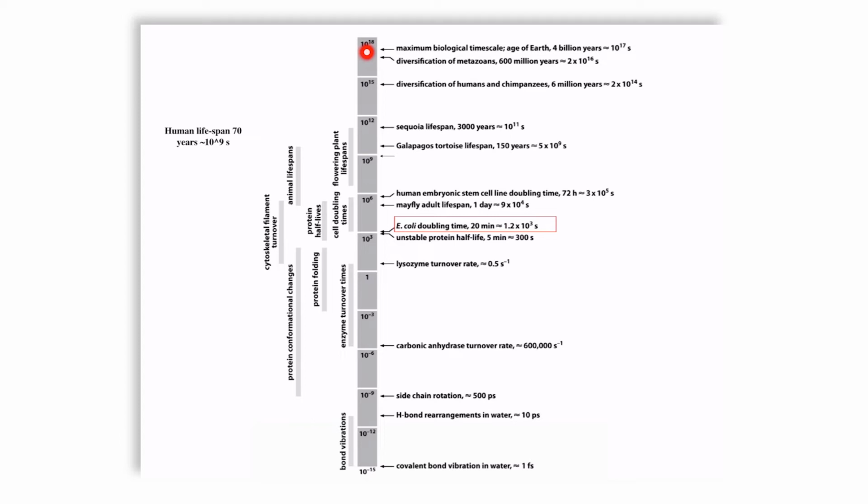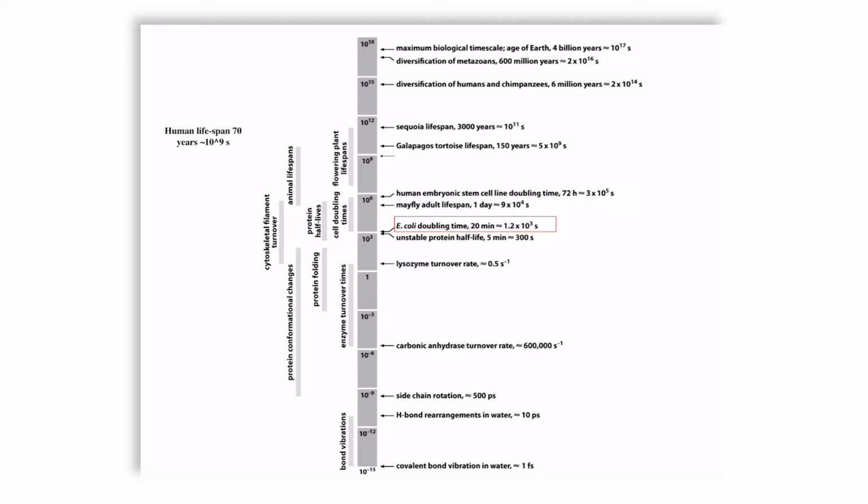All this in seconds. Plus 18 at the upper limit is maximal biological time scale of Earth, 10 to the power 17 seconds. As far as we know, there is no life on any other planet other than Earth until we find it. We're looking. There are many exciting projects on extraterrestrial life and search for extraterrestrial life.